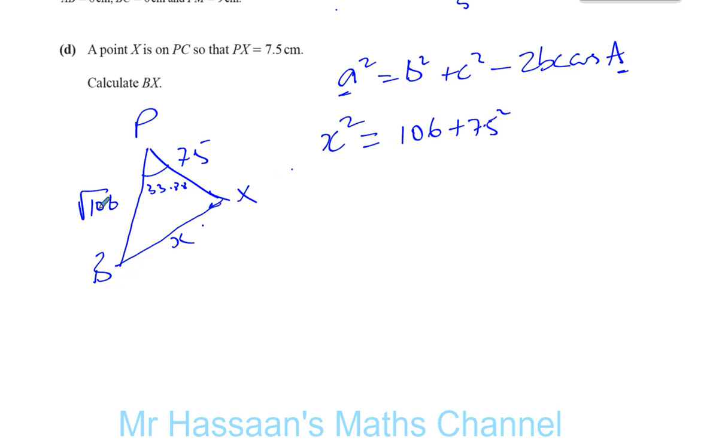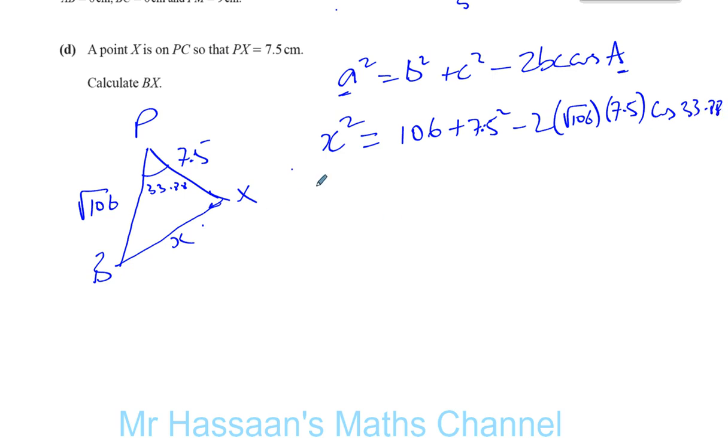If I square the root of 106, I just have to write 106. Minus 2 times root 106 times 7.5, times the cosine of the angle, which is 33.88.